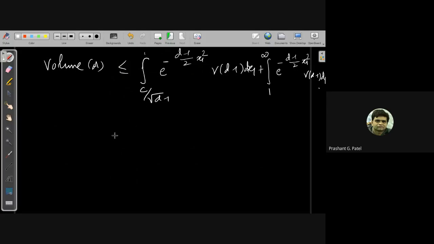So this actually gives me c square root of d minus 1 to infinity, e power minus (d minus 1) by 2 x1 square v of d minus 1 x dx1.